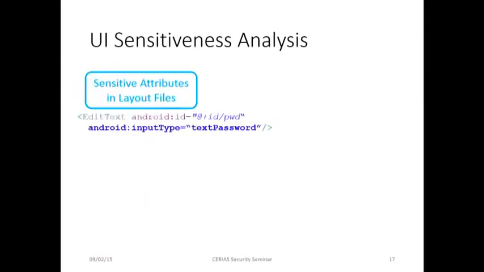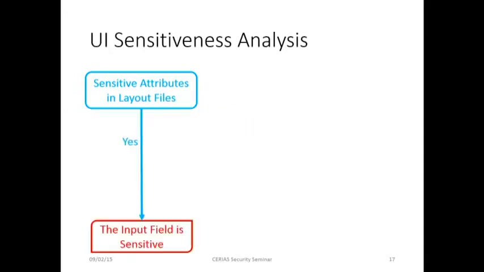With all the information we've gotten, we can now determine whether an input field can contain sensitive information or not. This is a three-step sensitiveness analysis. At first, we want to see if an attribute of the widget definition can indicate the data is sensitive. This example shows a sensitive input field.